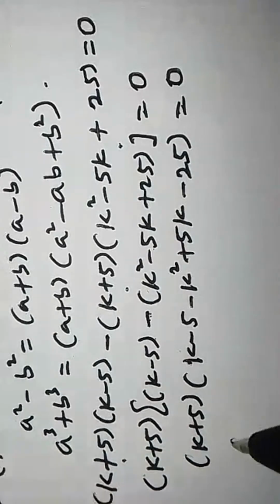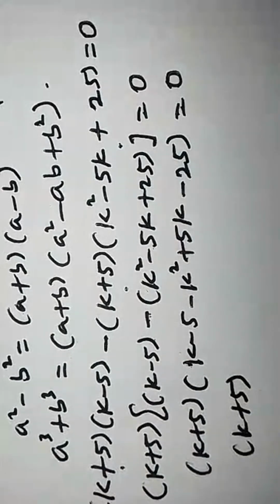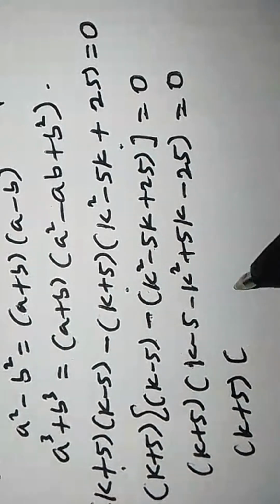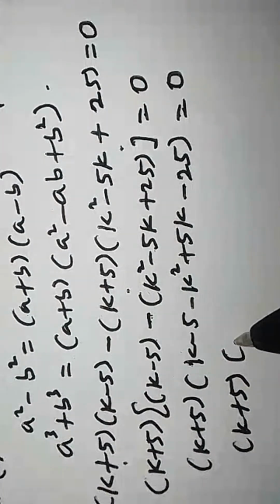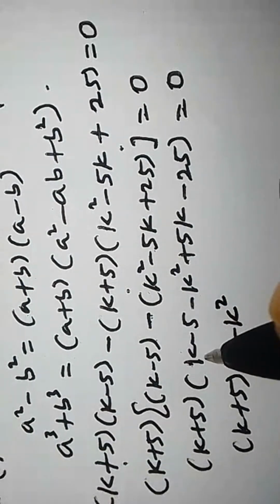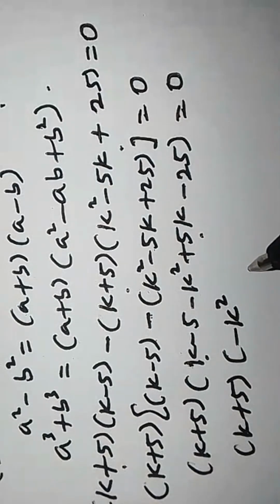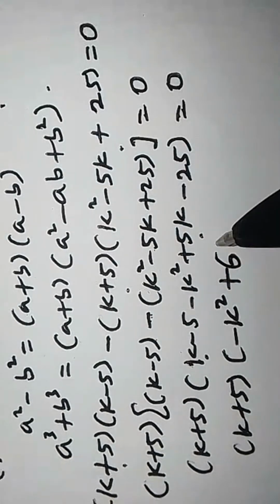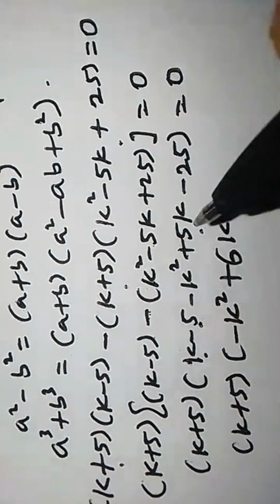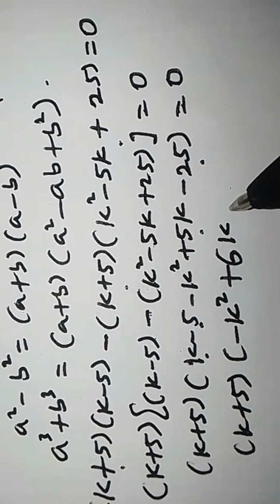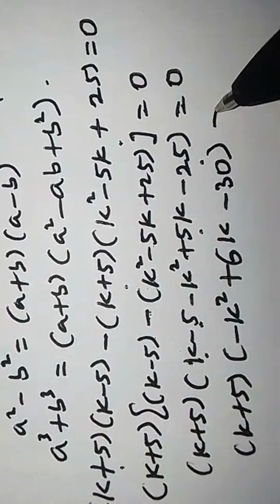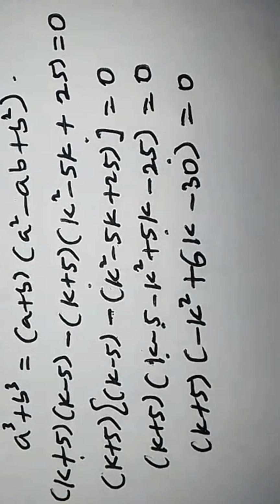Let's proceed further. So we have K plus 5 times, we have minus K squared, K plus 5K, that is 6K. So we have plus 6K, minus 5 minus 25, that is negative 30, equal to 0. Good. Let's continue.